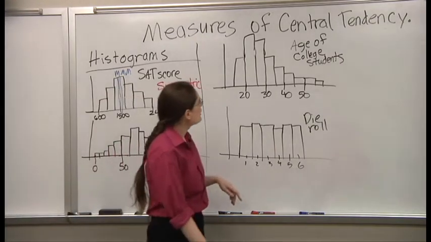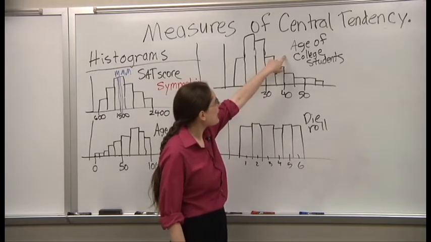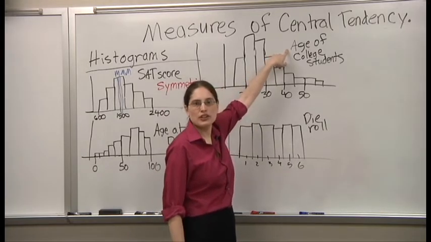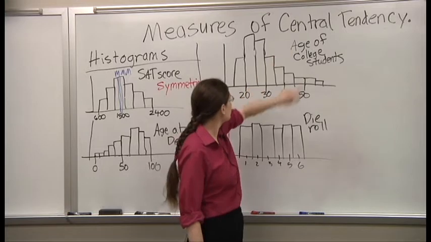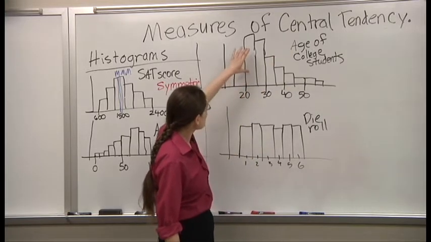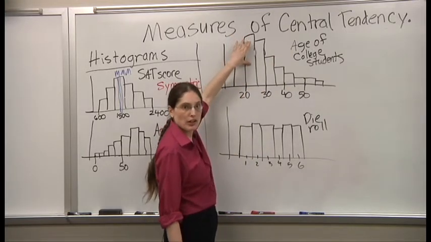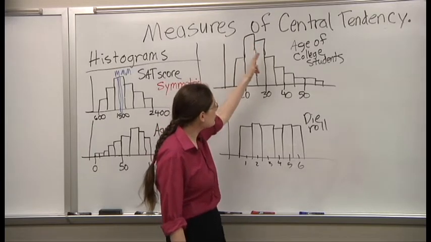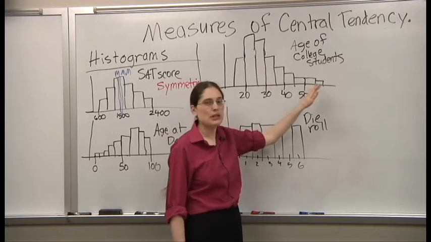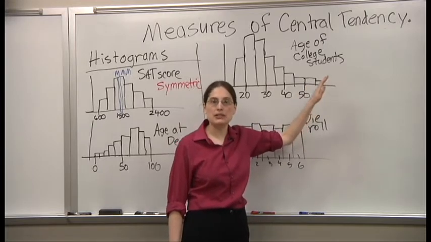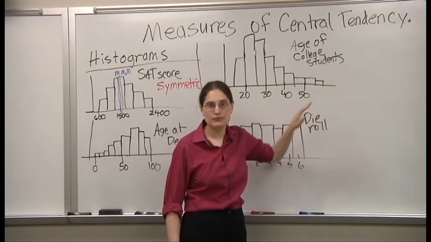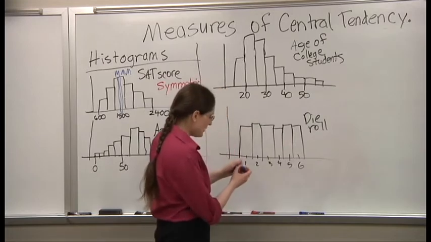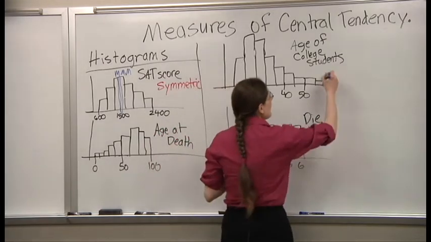So this one is about the ages of students in this college. There is a large chunk of people in their late teens or 20s, but we also have quite a few people who are older than that but still attending college. This is a tail.